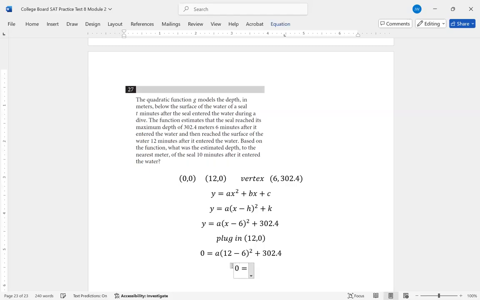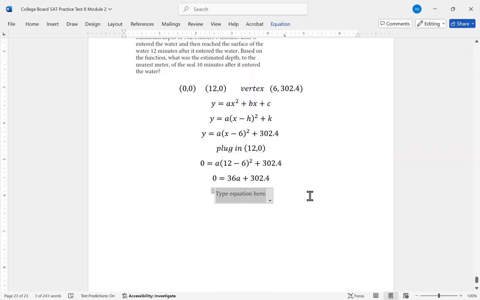That gives me 0 is equal to a times 6 squared, which is 36, plus 302.4. So subtracting 302.4 from both sides, we get negative 302.4 is equal to a positive 36a. And then dividing by 36 would give us, excuse me, an a of negative 8.4.